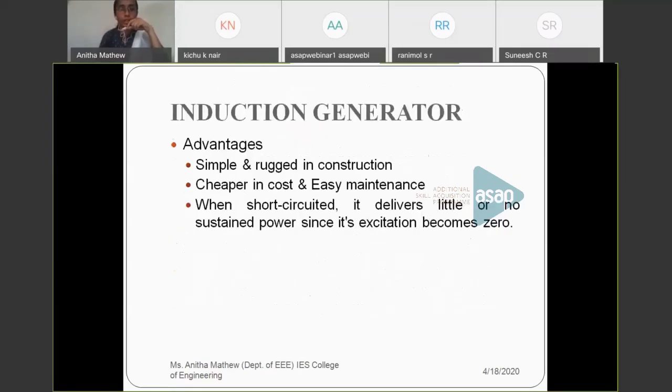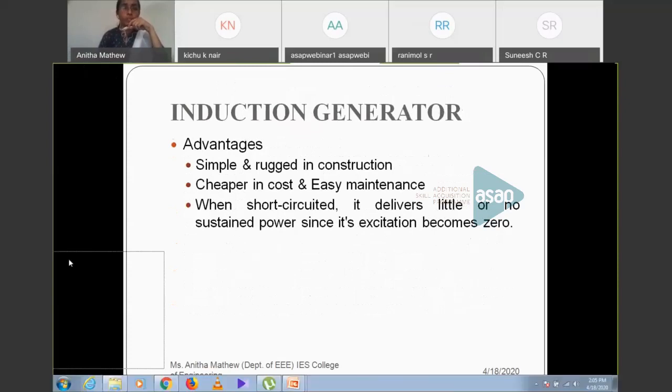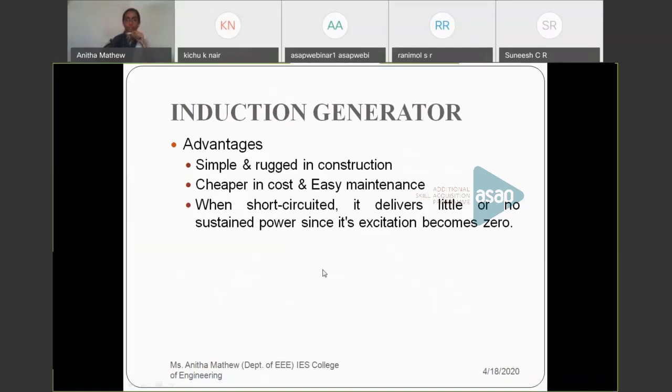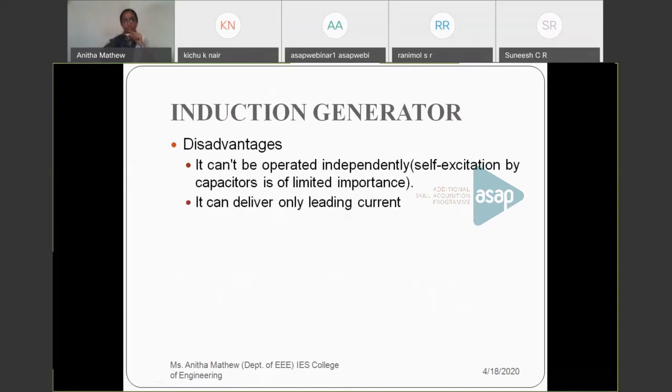Next are the advantages: simple and rugged in construction, cheaper in cost, easy for maintenance. When it is short circuited, it delivers no power since its excitation becomes zero. Okay, these are all the advantages. Then the disadvantages: it can't be operated independently.